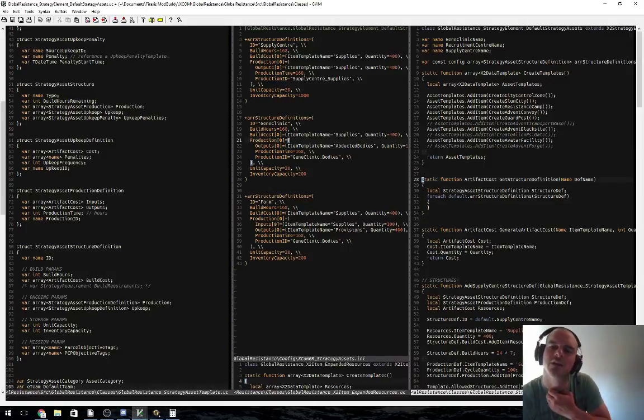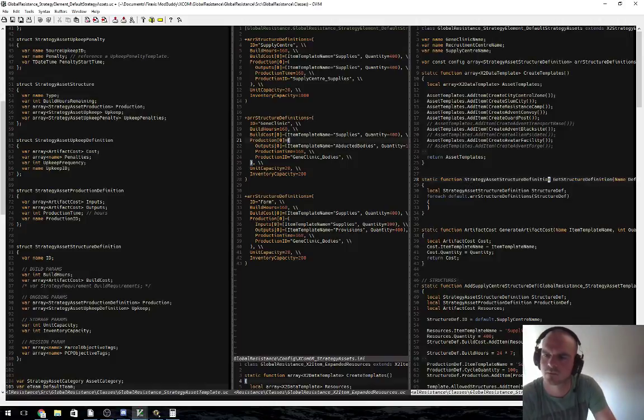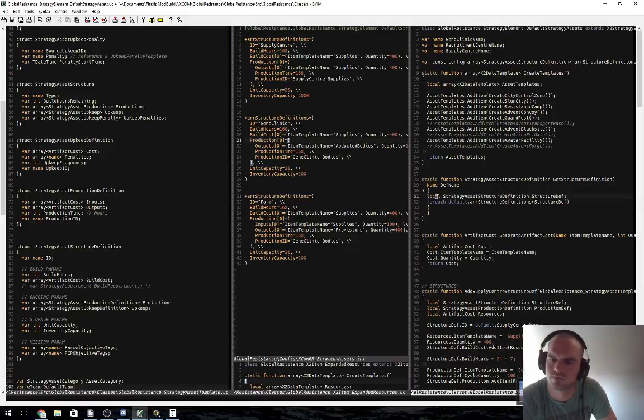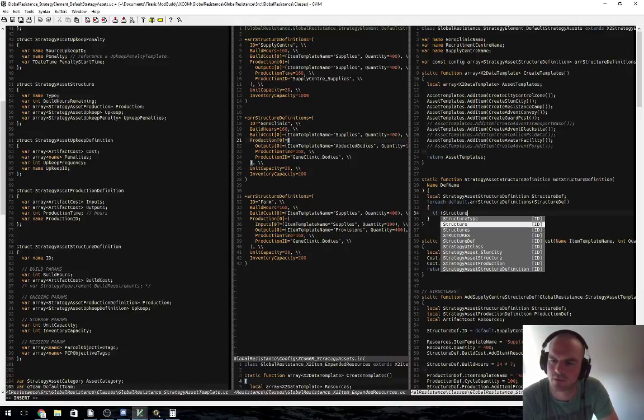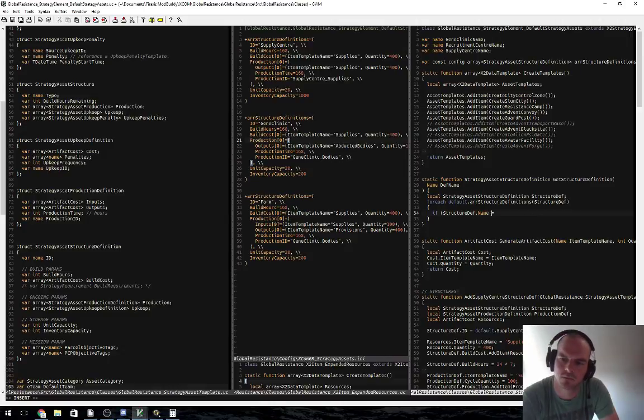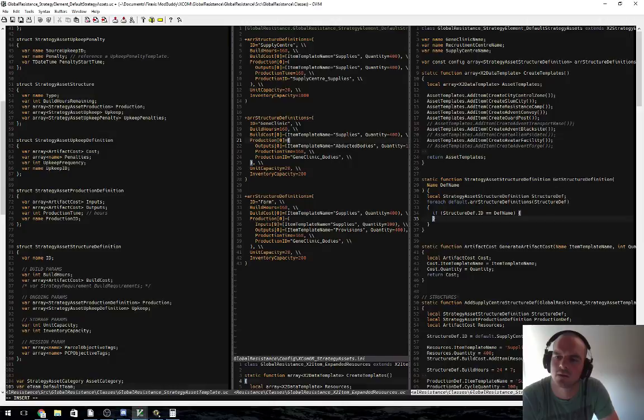Guess we can return none if it doesn't catch anything. So if structure def, if this definition dot name equals what I want, sorry, ID equals def name, then we can return it.